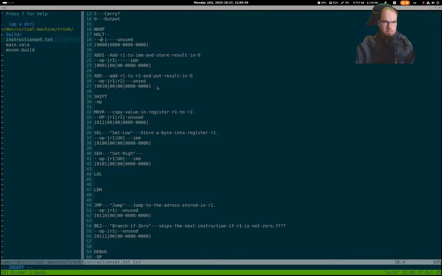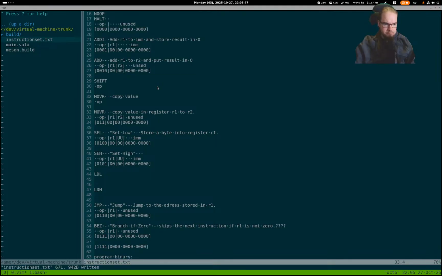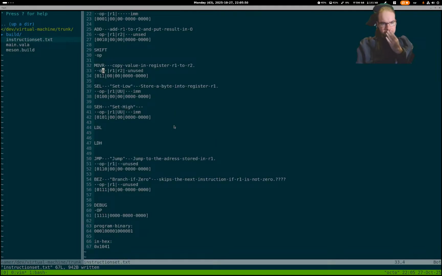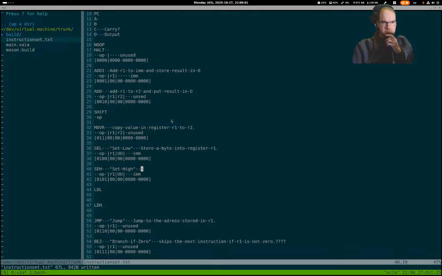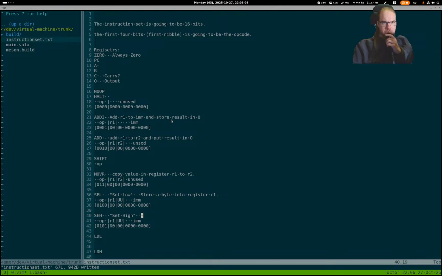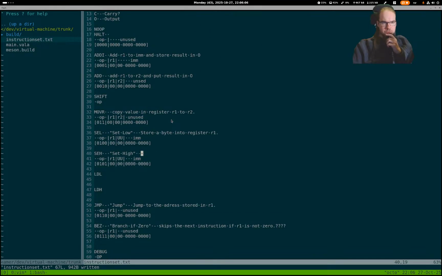Up. Up. Here we have it. Stalls. First we shift. We shift something a set amount of times.